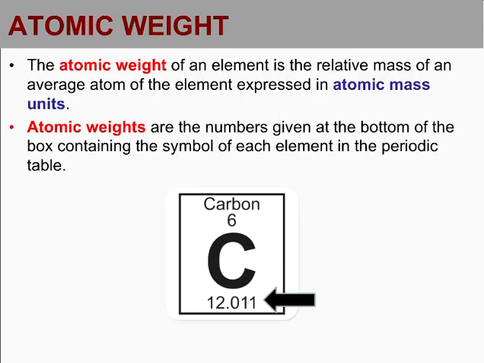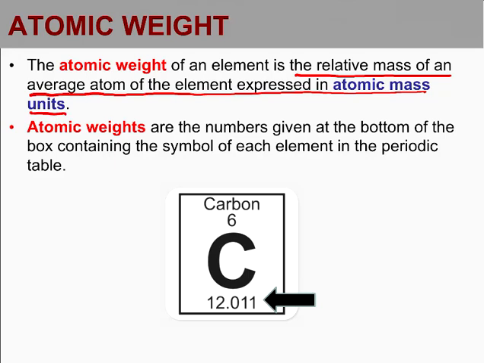Now, the mass number, again, is going to be different from the atomic weight of an element. The atomic weight of an element is the relative mass of an average atom of the element expressed in atomic mass units. So when we have a sample of carbon, for instance, carbon isn't just made up of carbon-12.